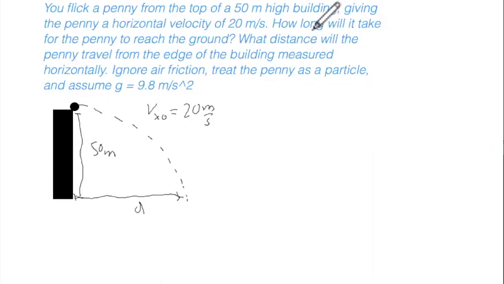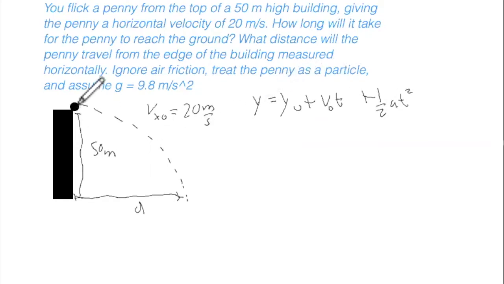So we just solve for the first unknown. We just use our kinematics equation for the y direction, right? y is going to be initial height plus the initial velocity times t plus 1/2 a t squared.